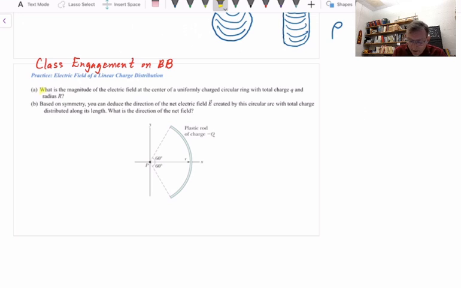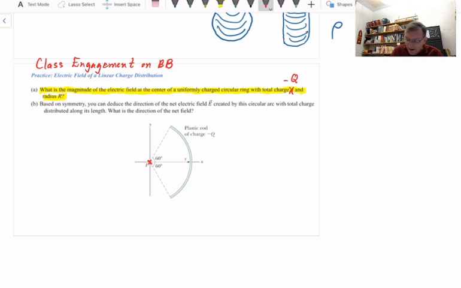What is the magnitude of the electric field at the center of a uniformly charged circular ring with total charge Q and radius R? At the very center, in the xy plane, you see that point P right there? Now the picture here shows the charge is negative capital Q. So I guess we ought to make it the same here.